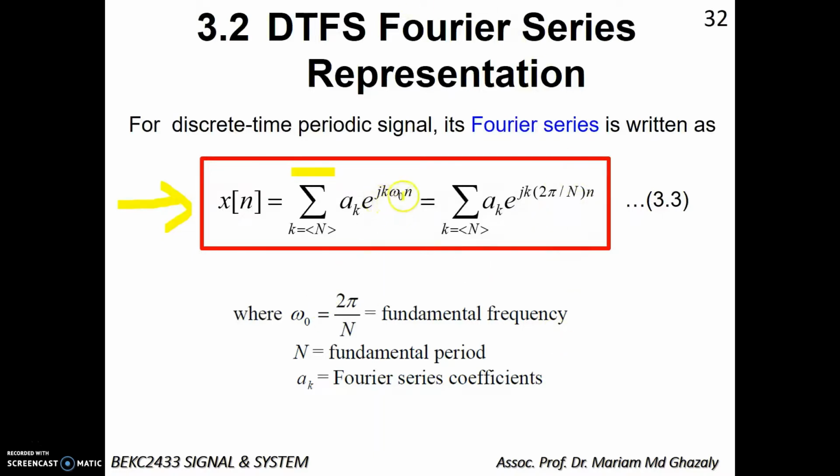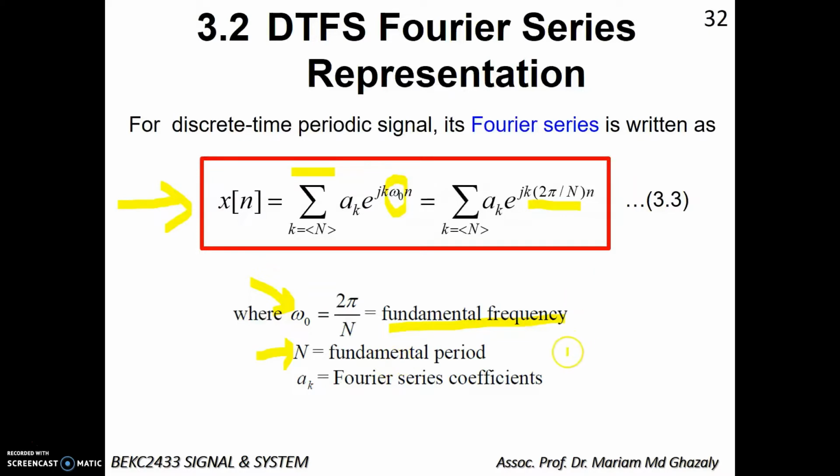You can also write it as the summation of a_k e^{jk(2π/N)n}, which means you substitute ω₀ with 2π over N. Here ω₀ is given by 2π/N, where ω₀ is the fundamental frequency of the signal and N is the fundamental period.